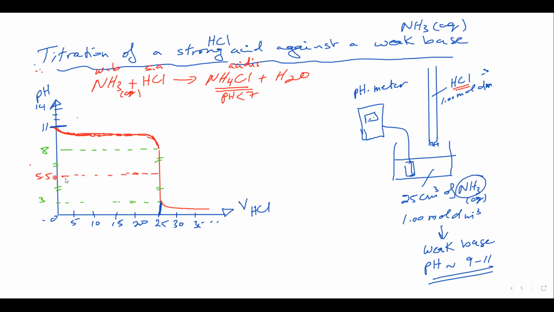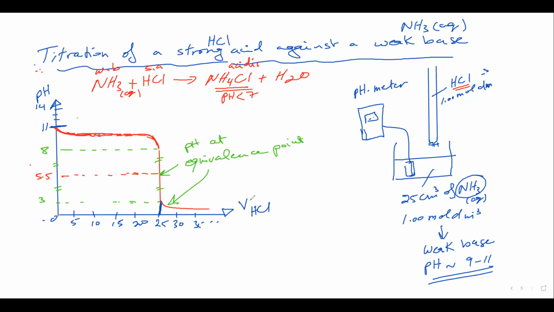It will have a pH of 5.5. So this is called the equivalence point. The equivalence point is this point. It is the 25. And this is the pH at the equivalence point.